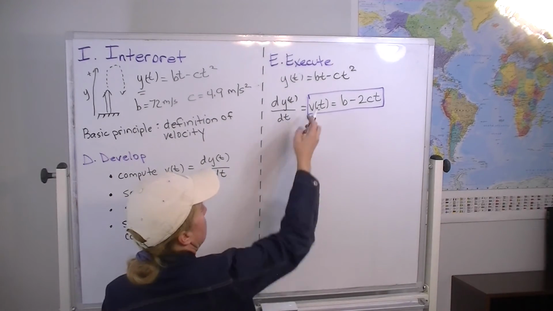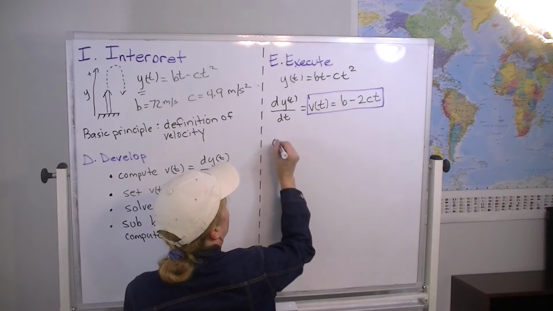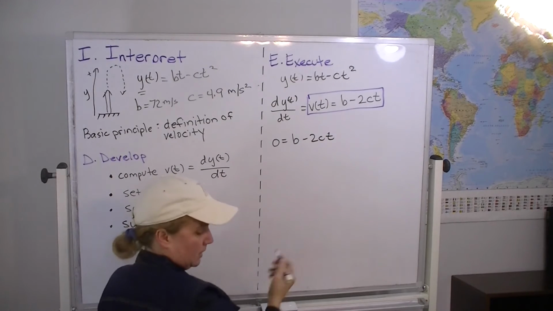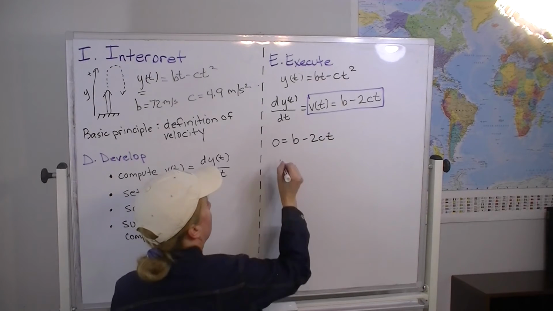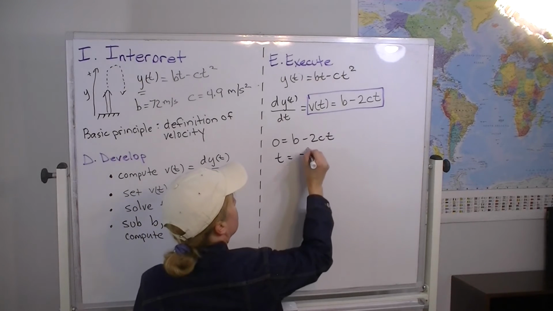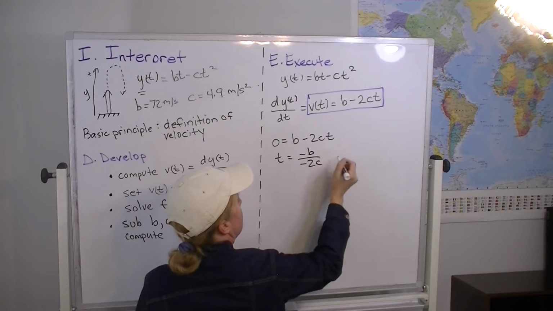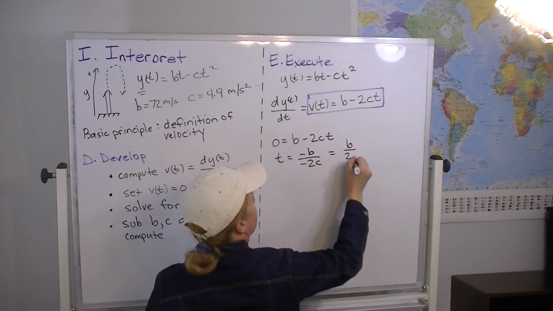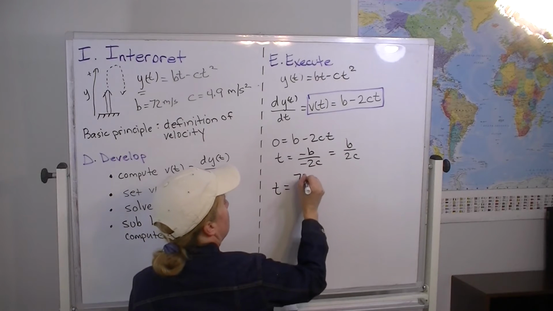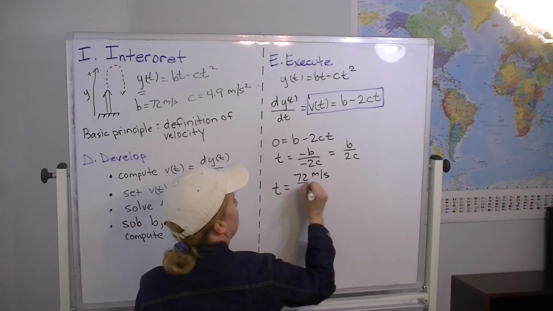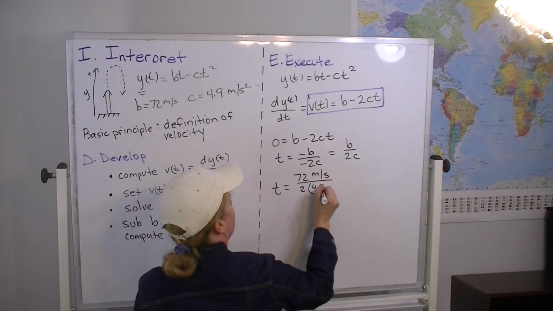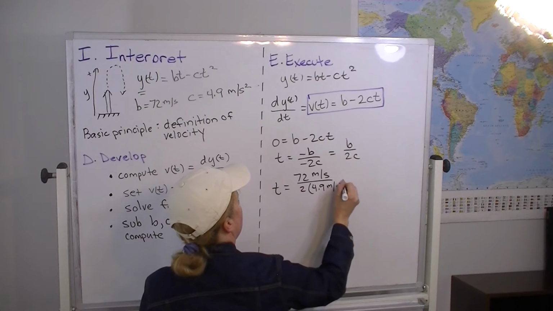And so now we will substitute in 0 equals b minus 2ct. If we do some arithmetic and solve that for t, we have t equals minus b over minus 2c, or just b over 2c. Now we can substitute in the values that we've been given. 72 meters per second, make sure you include the units, over 2 times 4.9 meters per second squared.